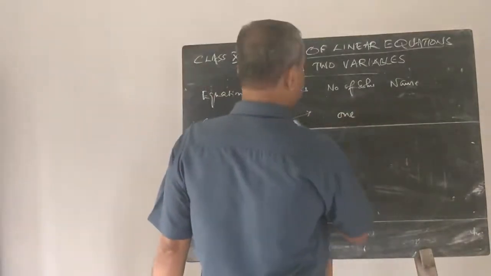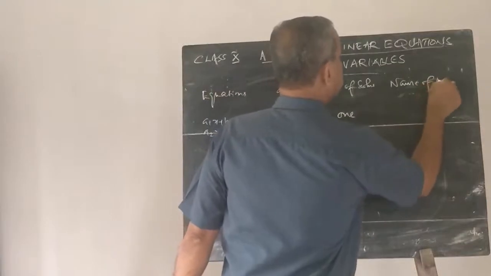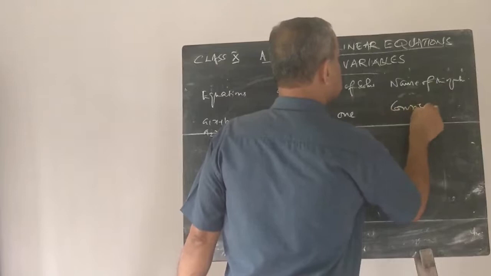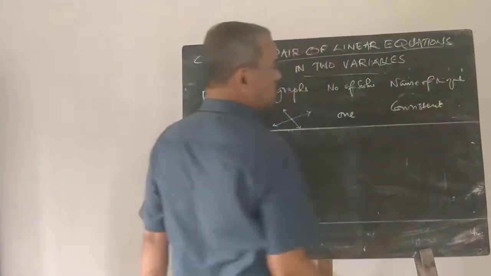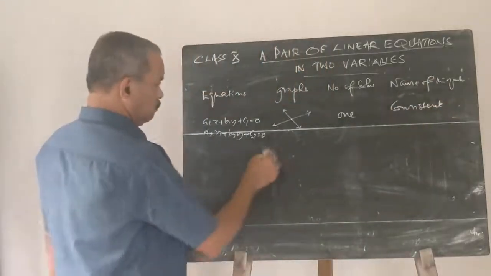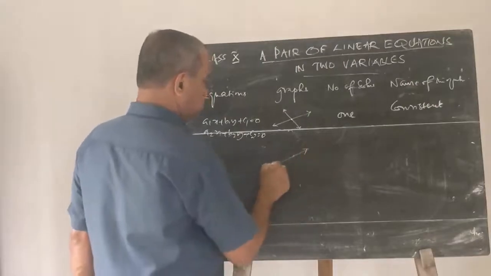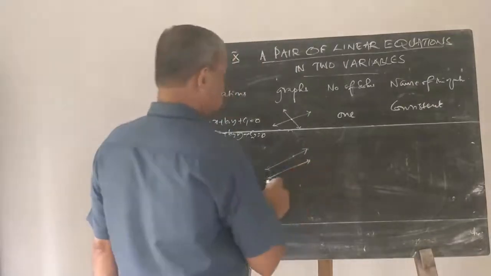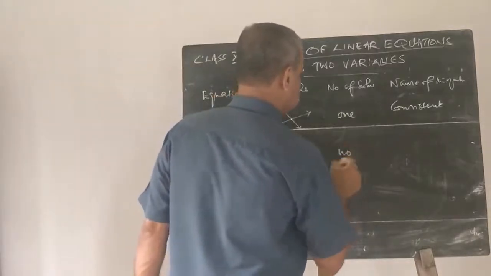Name of the equations: consistent. If the graphs are parallel lines, no solution.